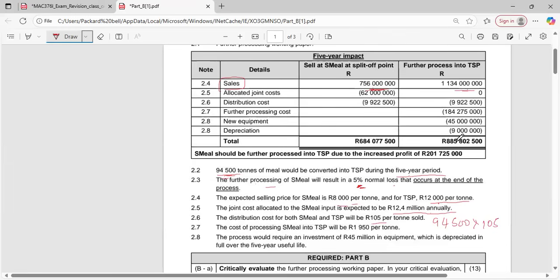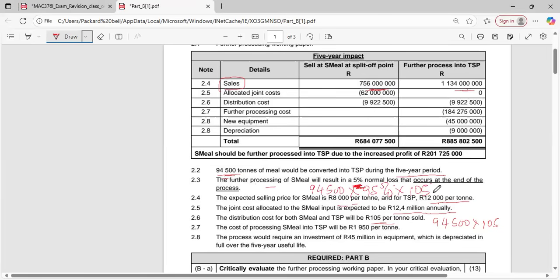So TSP is also going to have 105 per ton. What are we going to do? Is it going to be the same? Here, the trick is here. Your TSP, when you sell it, it's no more 94,500. You have to deduct the normal loss. So which means your TSP is now going to be 94,500 times 95% times 105.